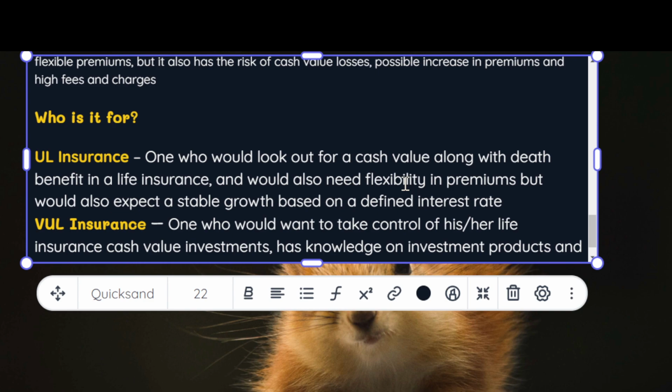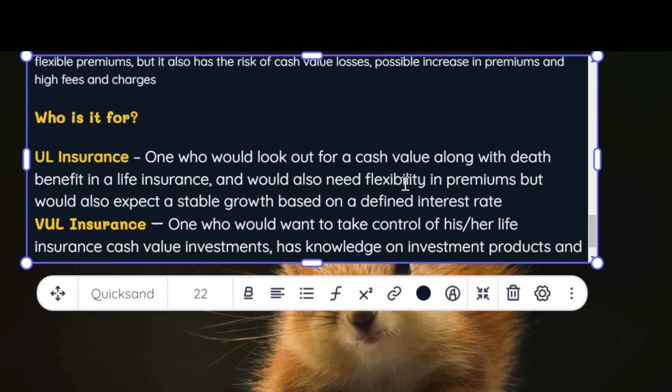But along with that, it is also giving you the cash value based on an interest rate which is to some extent stable because it is fixed by the company, right? But in a variable universal life, your cash value is not getting determined based on an interest rate. Rather, it is getting determined by the kind of investments that you are doing through the sub accounts in different products like securities or bonds or commodities or money market, right?